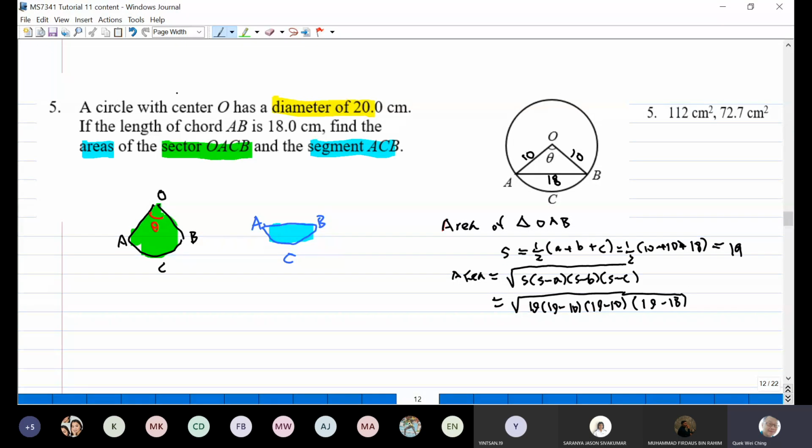So this is 19 times 9 times 9 times 1, which is 1539. Take the square root of this and you get 39.23. So this is the area of triangle OAB.